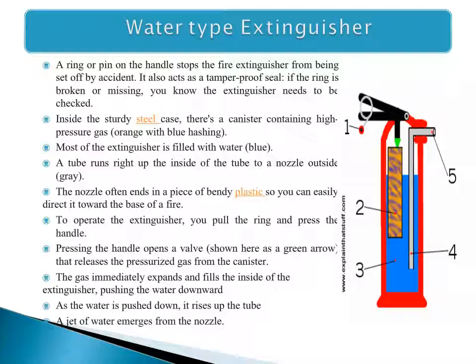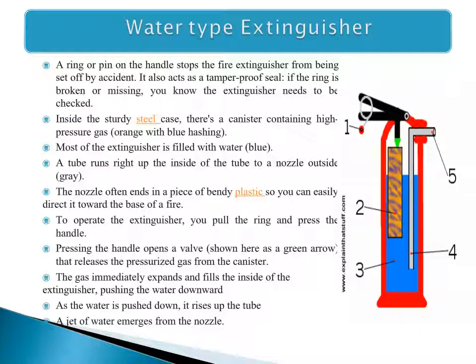Inside the sturdy steel case, there is a canister containing high pressure gas. Most of the extinguisher is filled with water. A tube runs right up the inside to a nozzle outside. The nozzle often ends in a piece of bent plastic, so you can easily direct it towards the base of the fire.